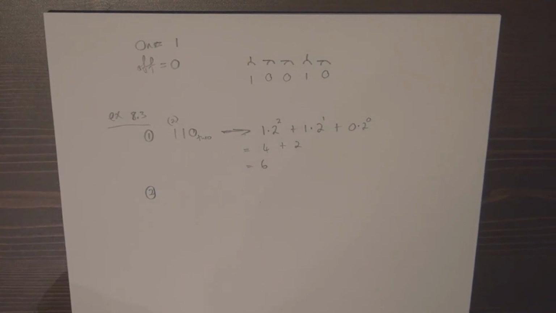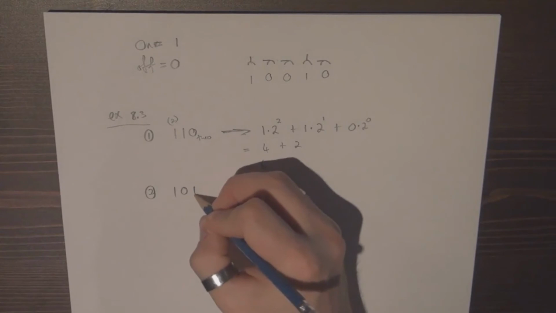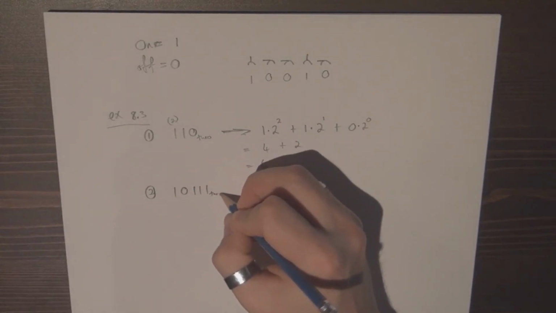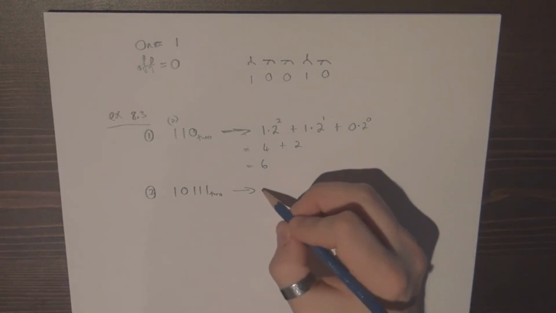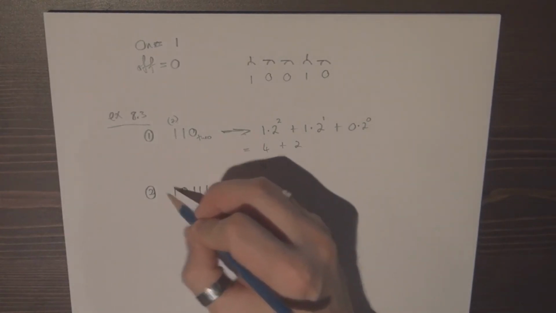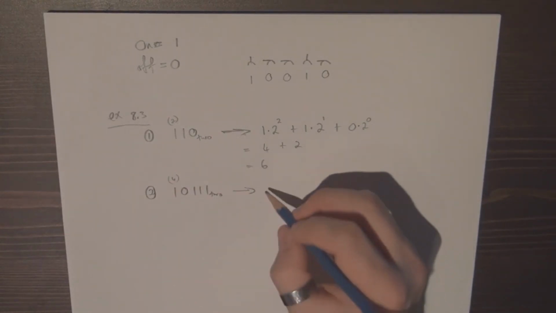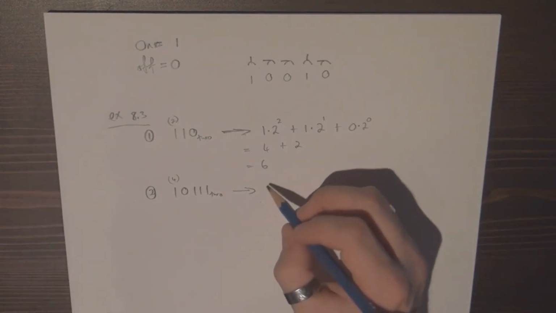As number 2, I have on, off, on, on, on, off, on. What is the number represented by those light bulbs? Well, 0, 1, 2, 3, 4. So 2 to the 4 is the biggest.